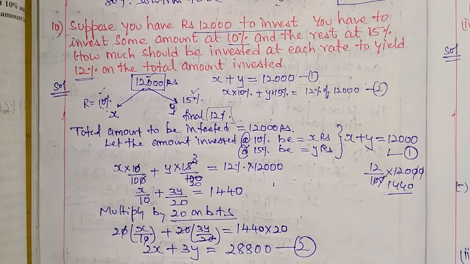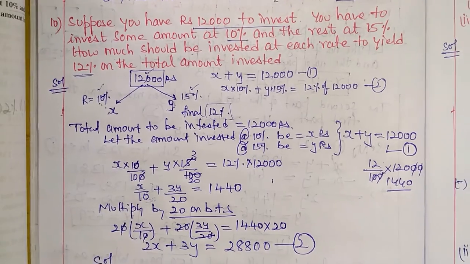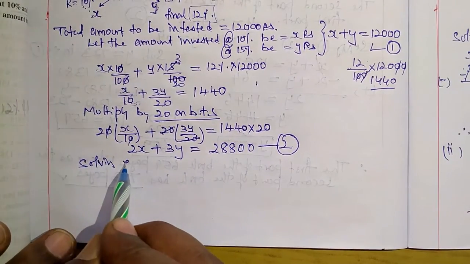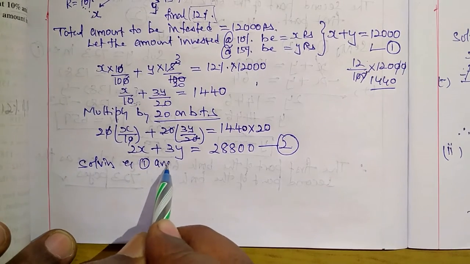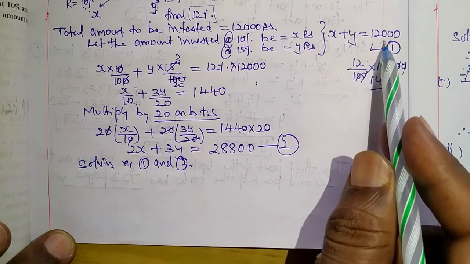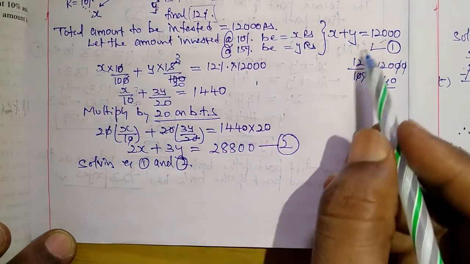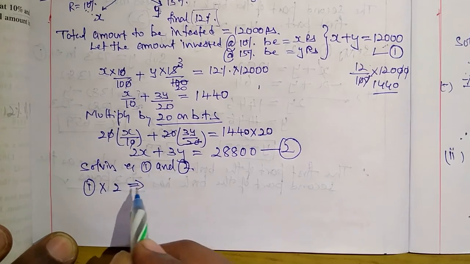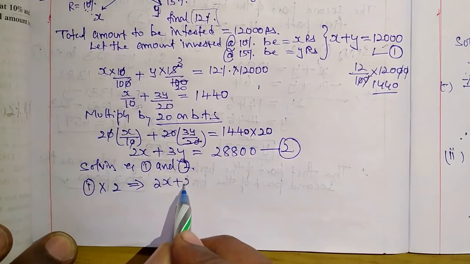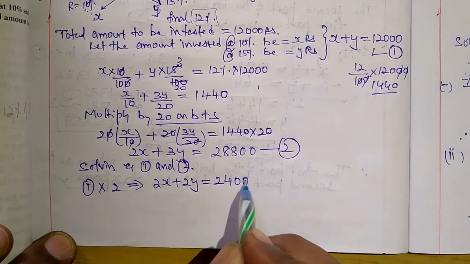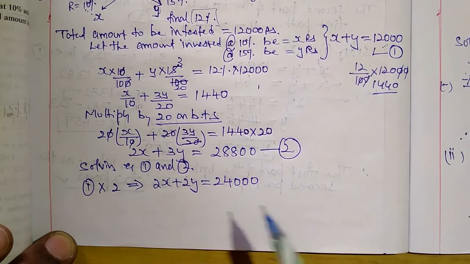Now solving equation 1 and 2. Equation 1 is x plus y is equal to 12,000. Here 2x, so I will multiply equation 1 by 2. When I multiply equation 1 by 2, 2x plus 2y is equal to 12,000 into 2, which is 24,000.